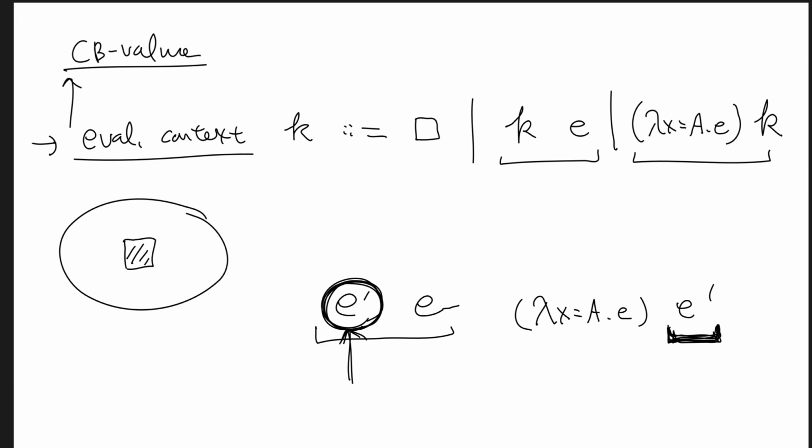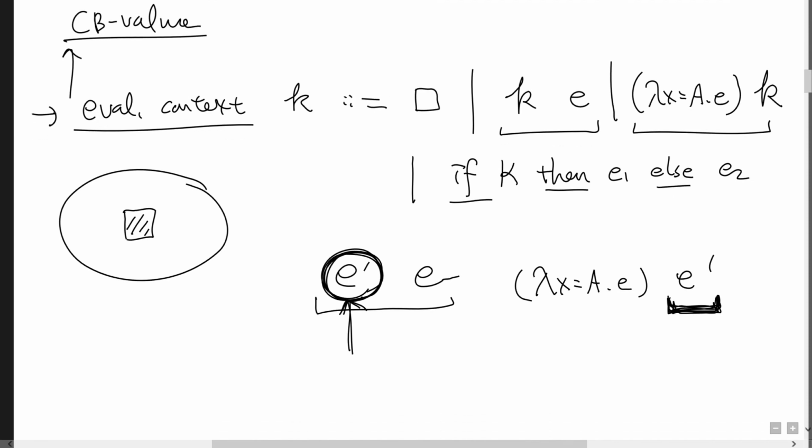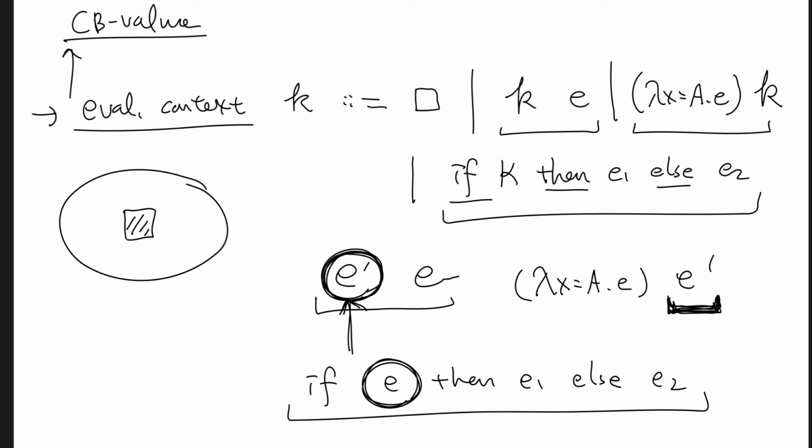And finally, we have if kappa then E1, else E2. If you have an evaluation context of this form, what that means is that you have currently some expression like this one, and you are trying to locate the red X somewhere in expression E. So that's the idea.